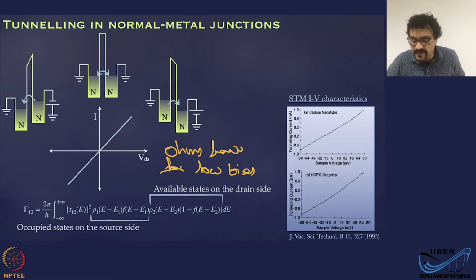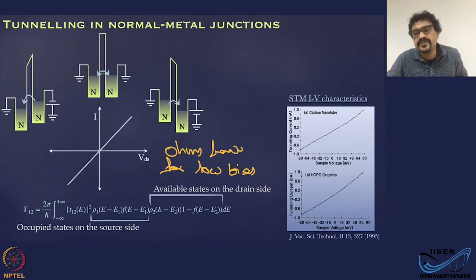In the same paper, they also did a similar experiment on HOPG graphite. That is also more or less linear. So you have an STM tip with a small tunneling gap, which is either air or vacuum, and electrons can tunnel from the tip to the substrate, similar to the mechanism we explained here, and the tunnel current is more or less linear, ohmic behavior.